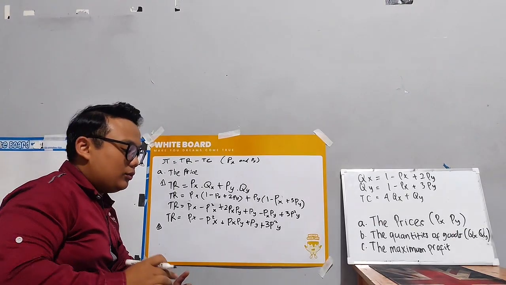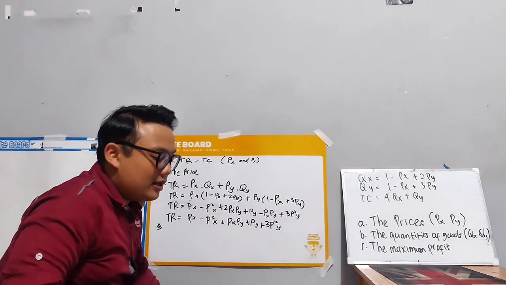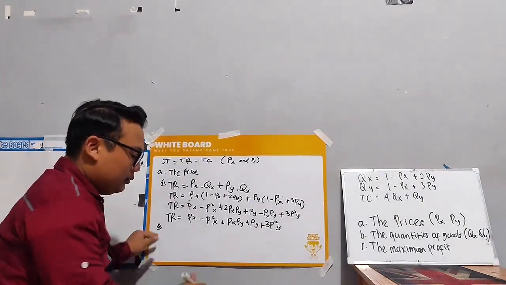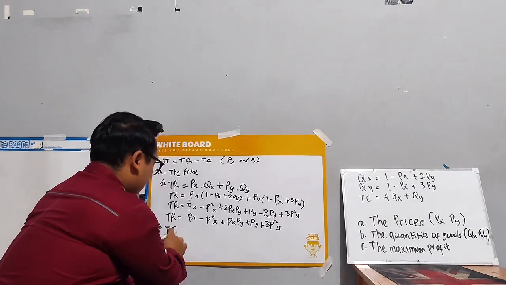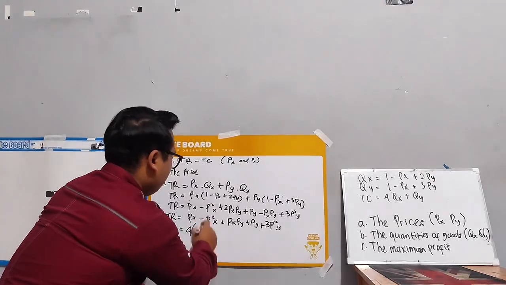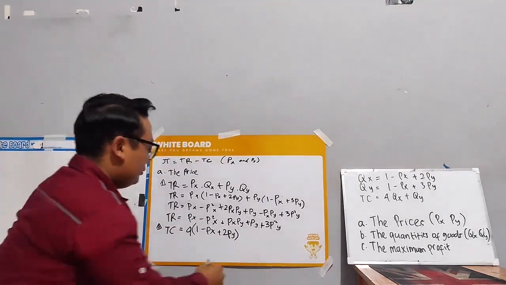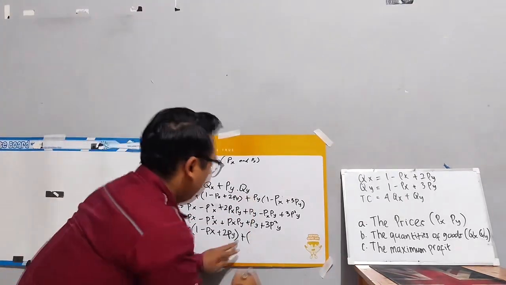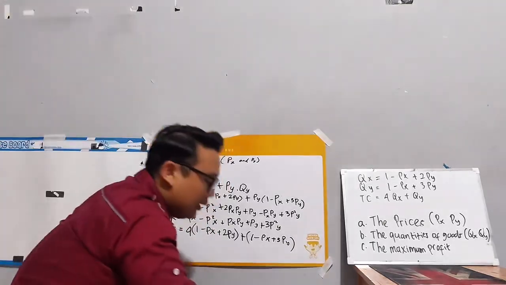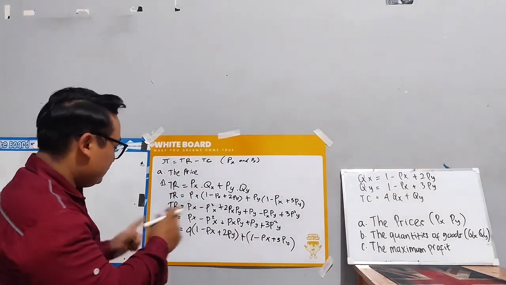This is done by substituting the demand functions for Qx and Qy back into the TC function. Next, we distribute and combine like terms.